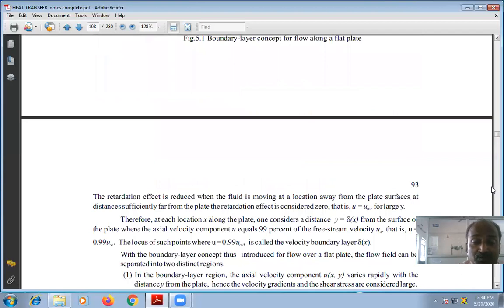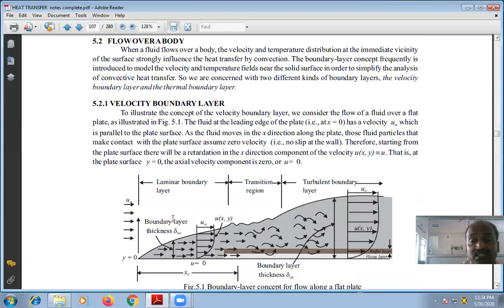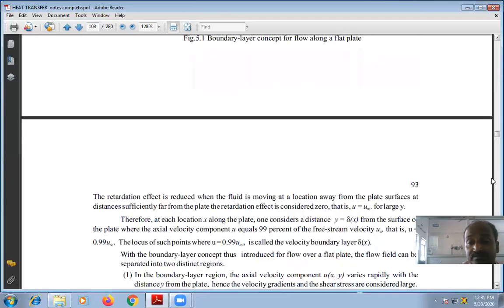With the boundary layer concept thus introduced, for flow over a flat plate the flow field can be separated into two distinct regions. In the boundary layer region, the axial velocity component u varies rapidly with the distance y from the plate. Hence the velocity gradient and shear stress are considered large. In the initial stage the adherence is more, therefore the shear stresses are more here.